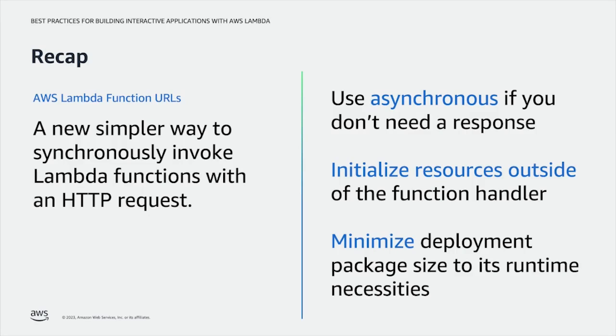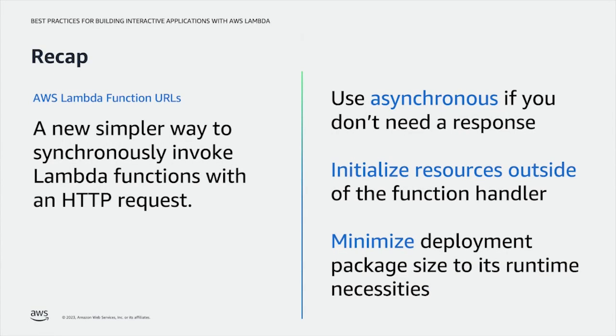So just to recap, we talked about Function URLs, this new simple way of synchronously invoking Lambda functions from an HTTP request. We talked about the difference between asynchronous and synchronous invocation models. I would say as a default to use an asynchronous invocation if you don't need that immediate response from your Lambda functions.